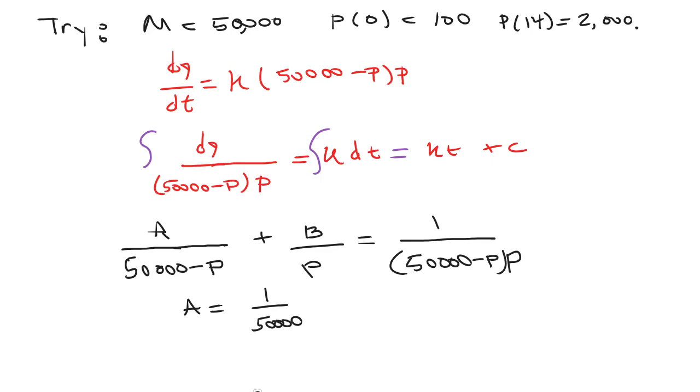And then from there, if you are going to solve for B, you're going to find that that is also going to be 1 over 50,000. Now in that case, that means you can integrate these two because you've found the unknown constants.